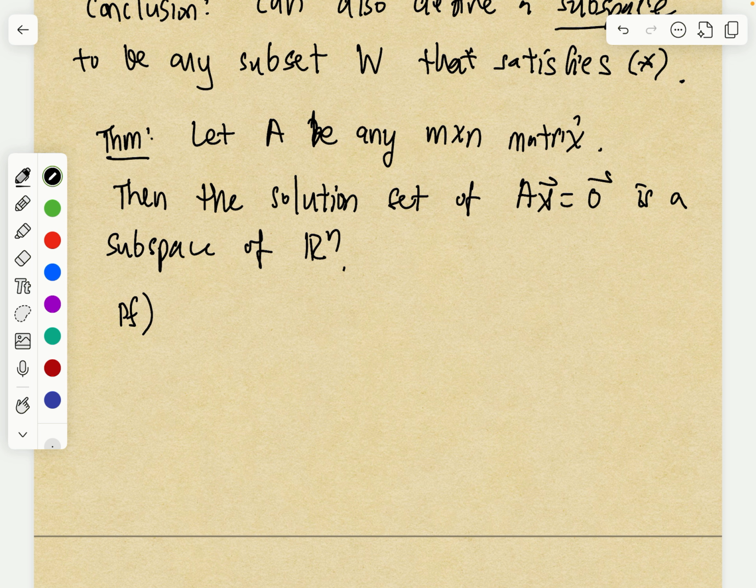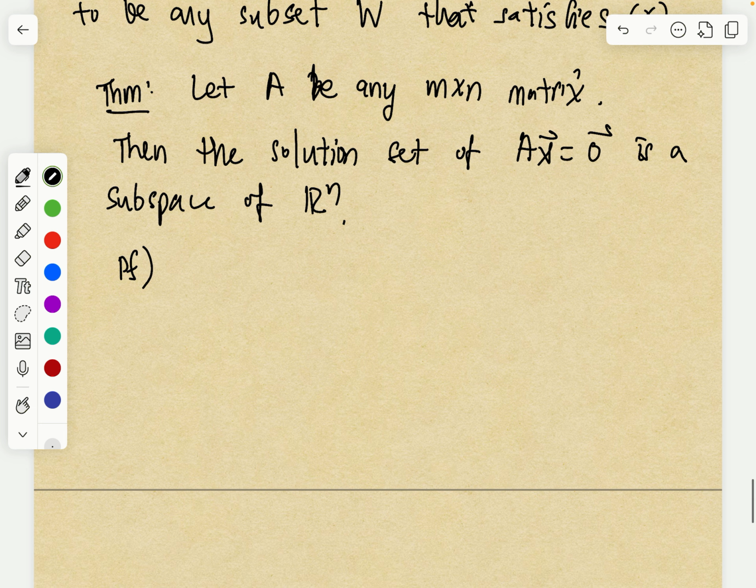And one thing we can do is check that it contains the 0 vector, it's non-empty. And we can check that it's closed under scalar multiplication and closed under vector addition. But first we can check that it's non-empty.